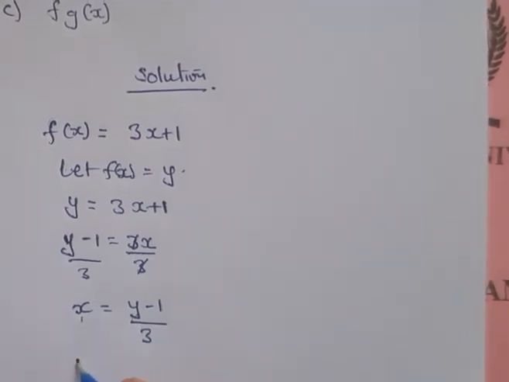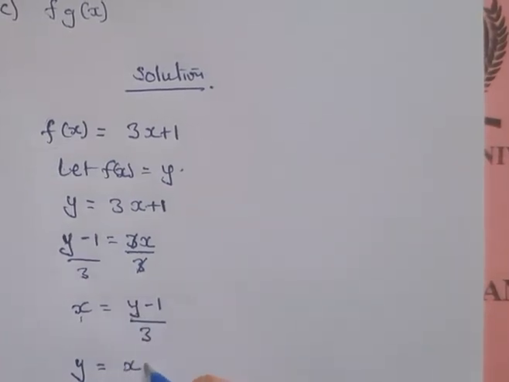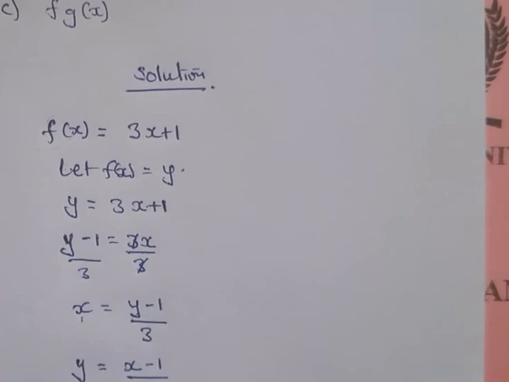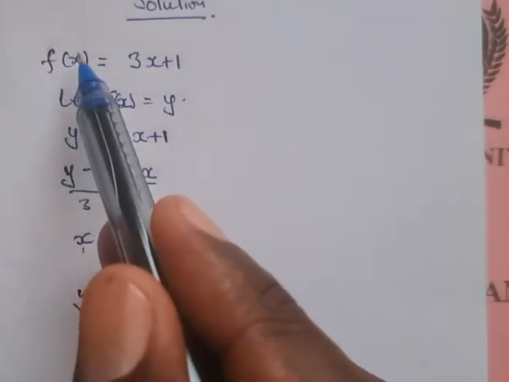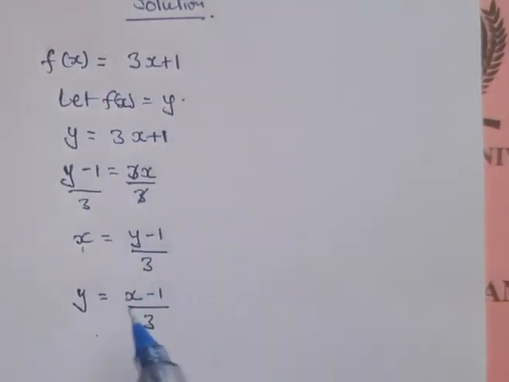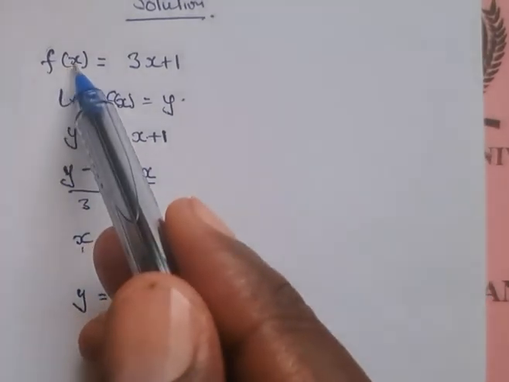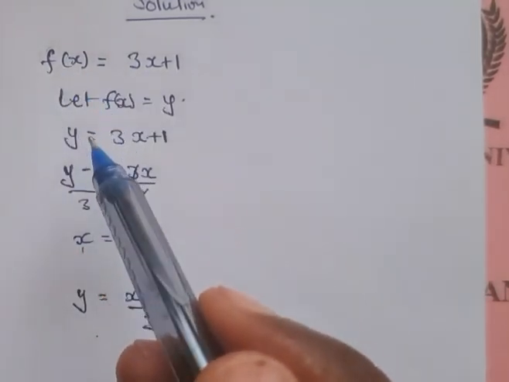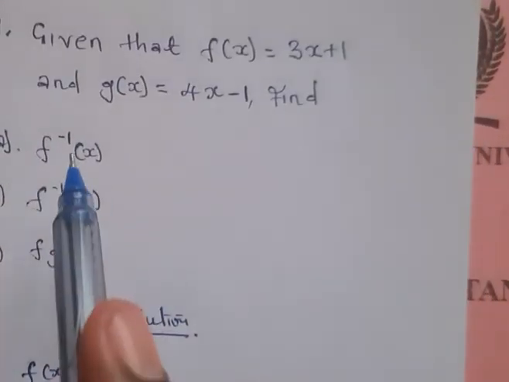So we're going to have y is equal to, where there is y, we're going to put x minus 1 over 3, like this. Well, we can say this is the answer, but remember what we did? We said let the function of x be equal to y. So now in our case, y is not going to be the function of x. It will be the function of x, but we'll spice it a little more with the inverse sign.